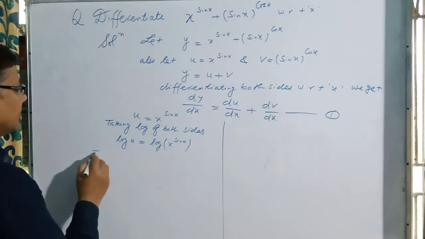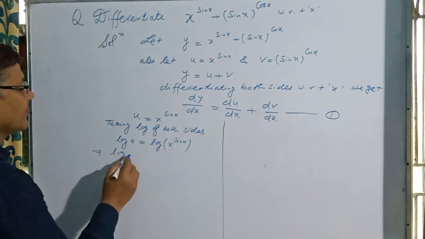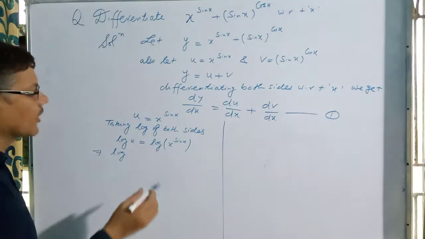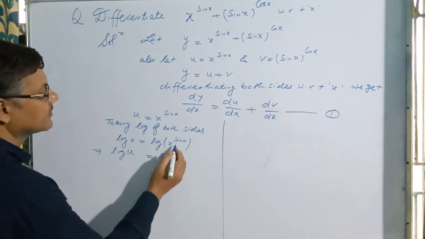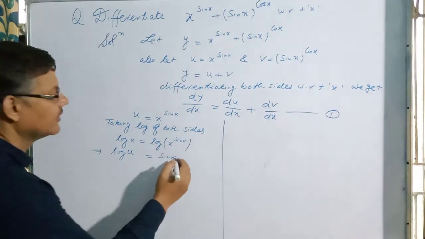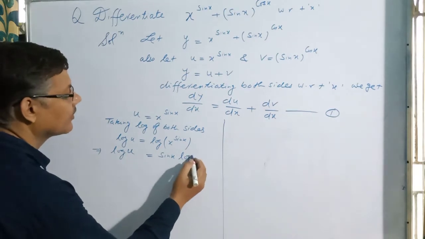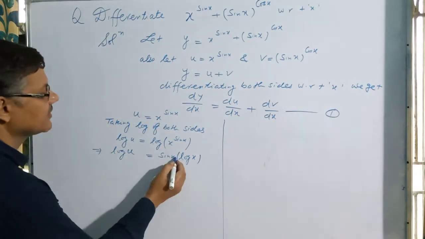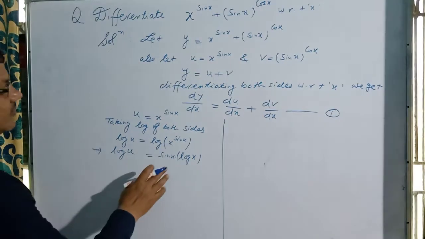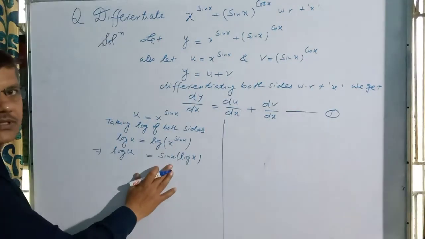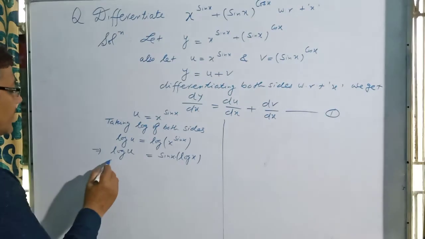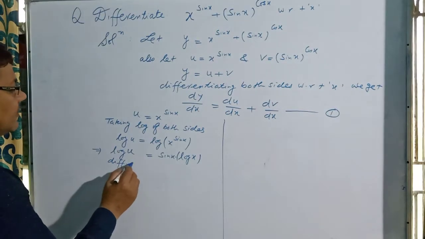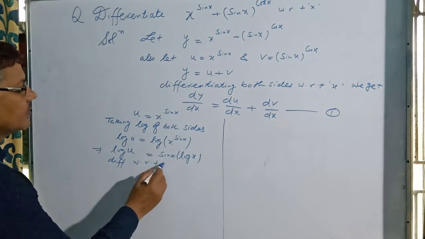As you know, log of m power n equals n into log m, so we get it equal to sin x, this index comes outside, into log x. It means it is converted into a product of two functions, and by using the product formula we are able to get the derivative. Again differentiating with respect to x.